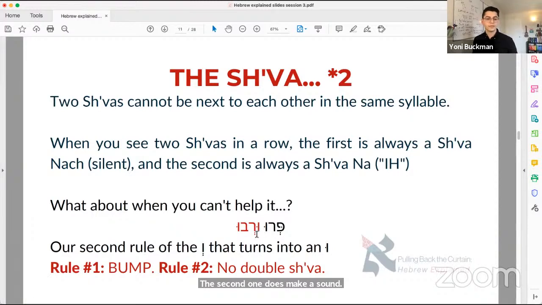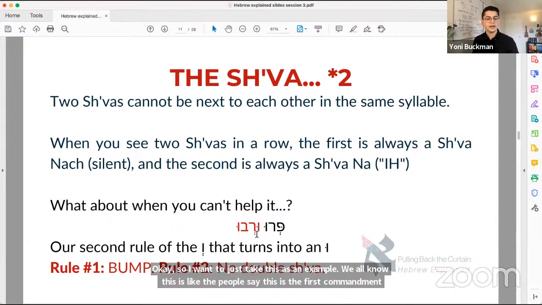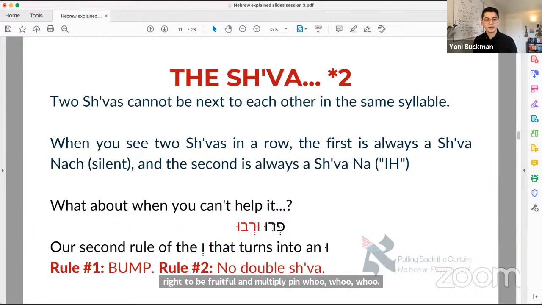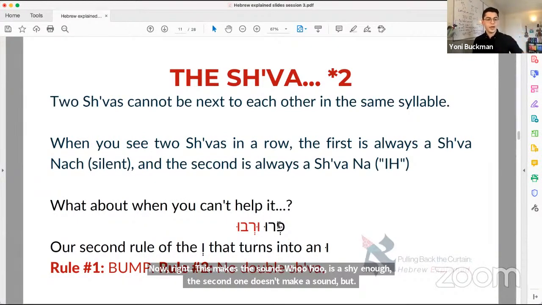Urvu is a shva nach. The second one doesn't make a sound. But last week, we talked about the bump rule, these labials, the bet mem pe, and how the prefix vi, which means and, turns into u before bet mem pe. And it does that because it's just a hard thing to articulate.